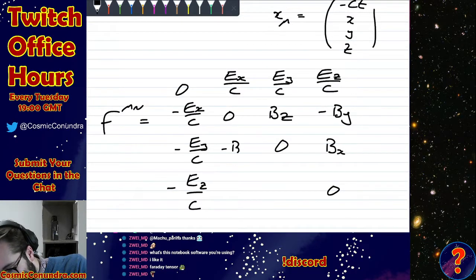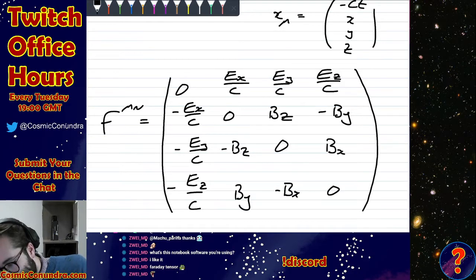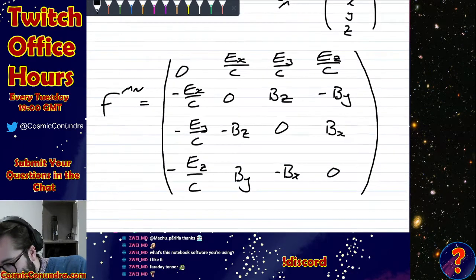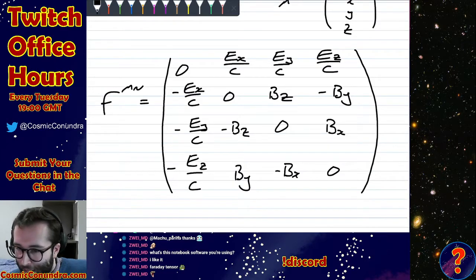This will be minus bz, this will be by, this will be minus bx. Okay. So that is what our Maxwell tensor, Faraday tensor, I can't remember which one it is, that's what our tensor will look like anyway.